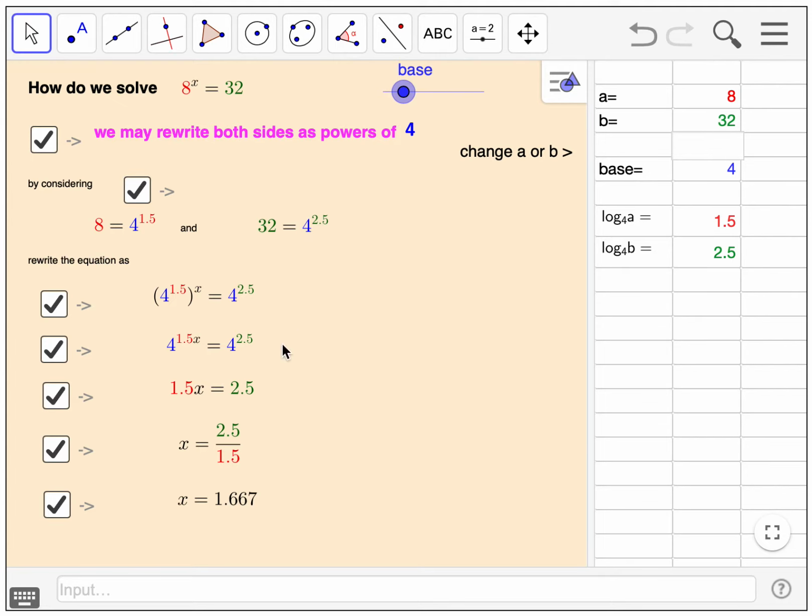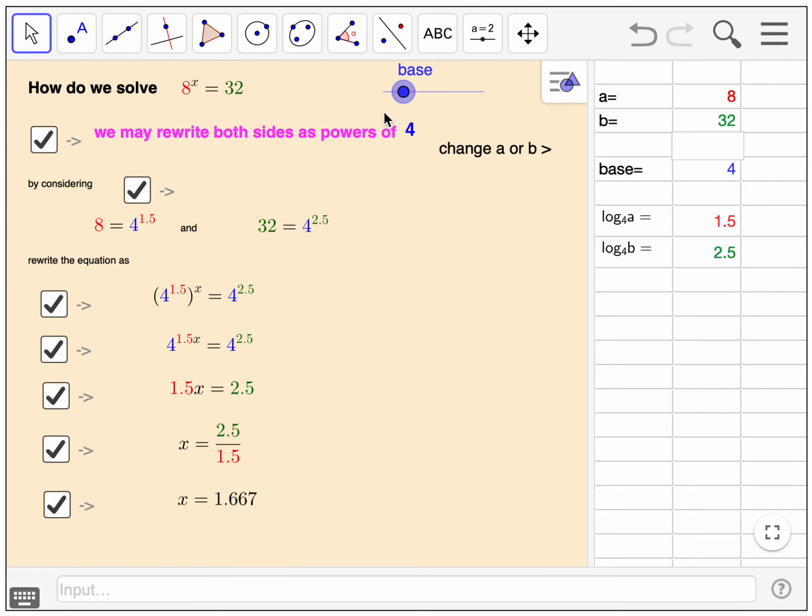But the same relation is presented here. The final answer is still x equals 5 over 3. So the original question, x to the power x equals 32, gives the same x you obtain, no matter what base you choose to represent the numbers.